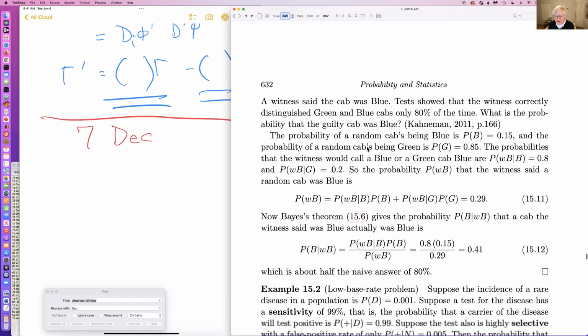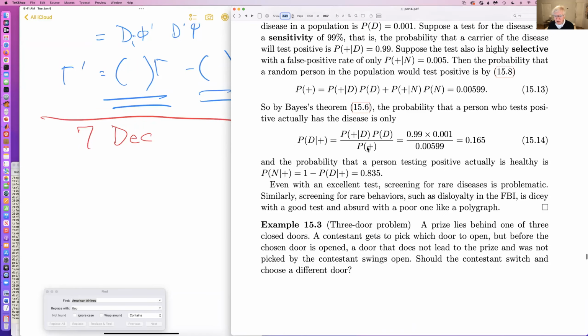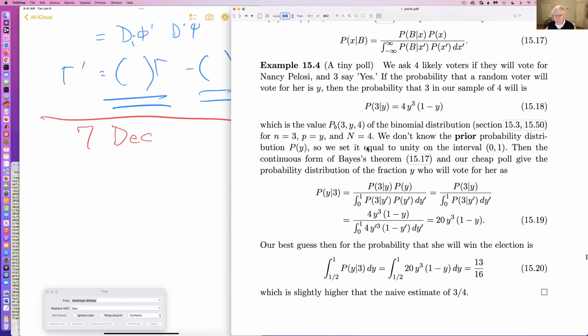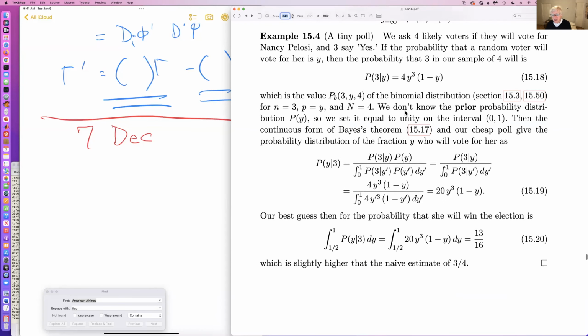So let's get back to Nancy Pelosi and the poll. Because we don't know what the prior distribution P of y is, you might be tempted to say, okay, we're going to quit because this is an impossible question.